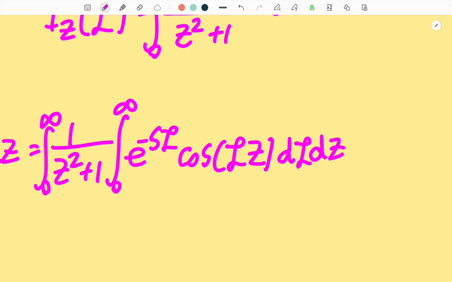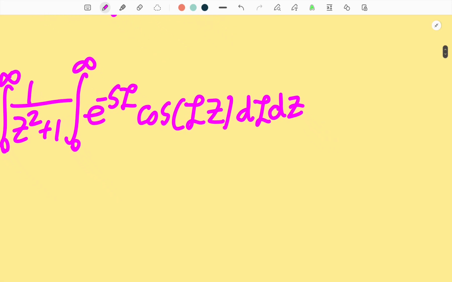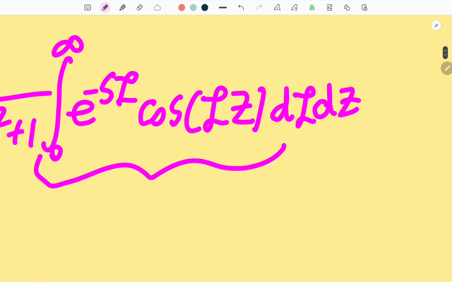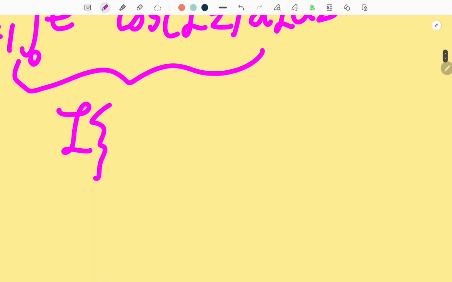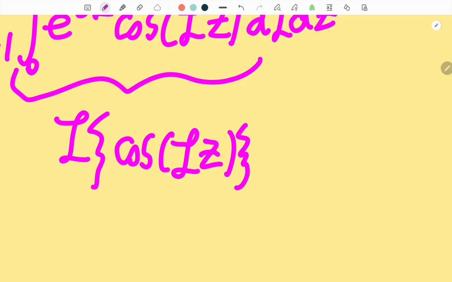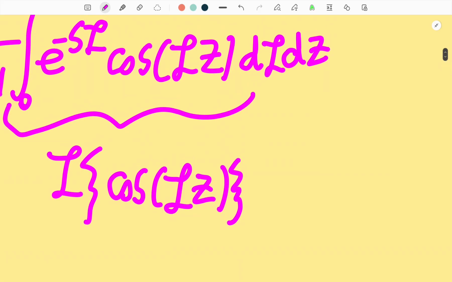Now the integral with respect to L, if we recall the Laplace transform, which I just had written down, this integral would be equal to the Laplace transform of cosine of Lz, where in this case z would be a constant because we're integrating with respect to L. Now, the way we can solve this integral is by using Euler's formula and taking the real part of it.